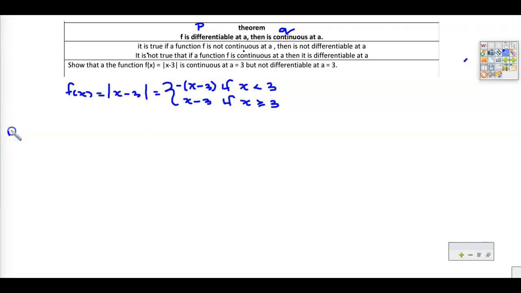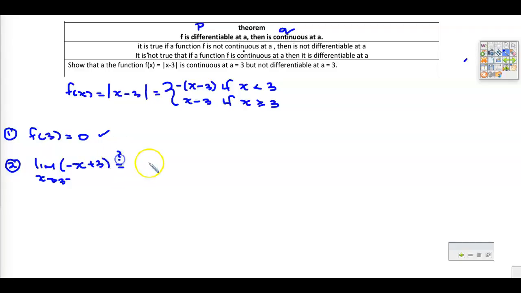And one, to verify continuity, f of 3, 3 minus 3 is going to be 0, so check that that exists. Two, we have to verify the limit as x approaches 3 from the left. What are we using here? A minus x plus 3.